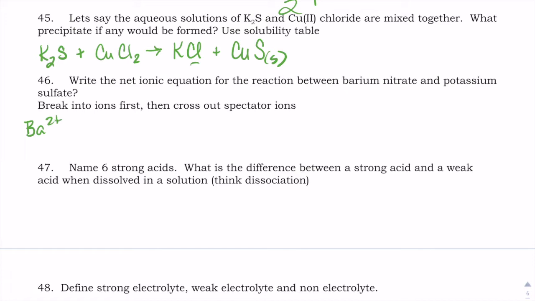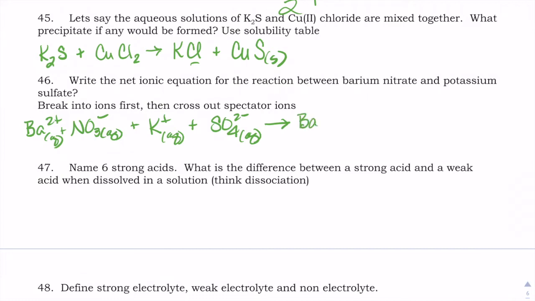Barium nitrate plus potassium sulfate gives us barium sulfate, which will be what precipitates, plus potassium, which will not precipitate because it will stay in solution, so we've broken them into ions, we've dissociated them.